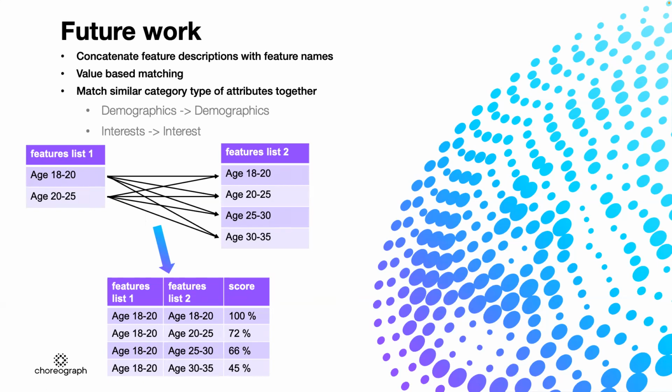But the distinguishing thing in both of these lists is the age ranges that are being used. For example, in the first list, age 18 to 20 will be matched with all of the age ranges in the second list. Now, it makes sense that we just need one-to-one perfect match in this scenario, and that will be age 18 to 20 matching with age 18 to 20 from list 2.